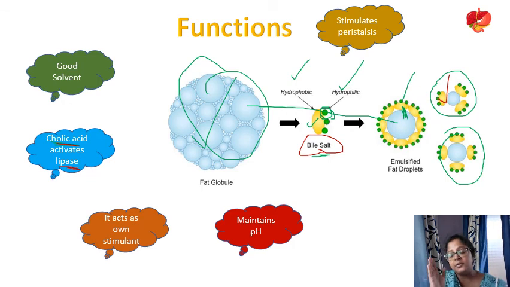As I discussed previously in the digestion of protein, the HCl and protein come out from the stomach, and the bile maintains the pH and tends it toward alkaline, so that the pancreatic enzymes can actually act. So the alkaline medium is maintained, changed from the acidic medium, with the help of bile.